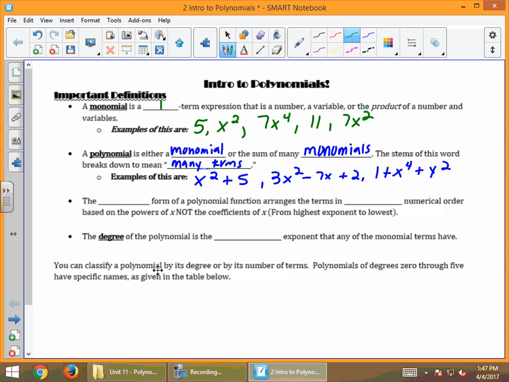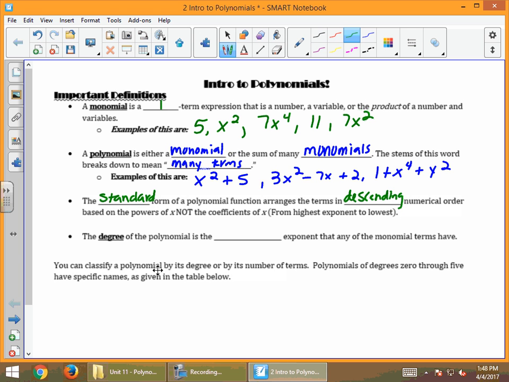The standard form of a polynomial function arranges the terms in descending numerical order, based off the powers, not the coefficients. So essentially, when you're writing something in standard form, you're going from biggest exponent to smallest exponent.